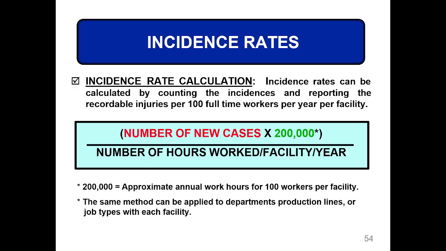The formula is: number of new cases times 200,000 over number of hours worked per facility per year. The 200,000 is approximate annual work hours for 100 workers per facility. The same method can be applied to departments, production lines, or job types within each facility.